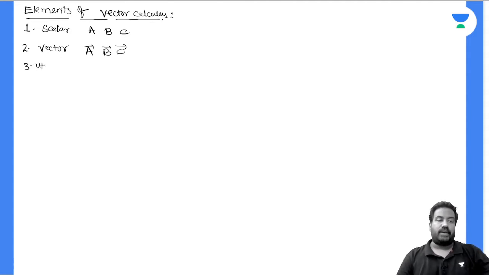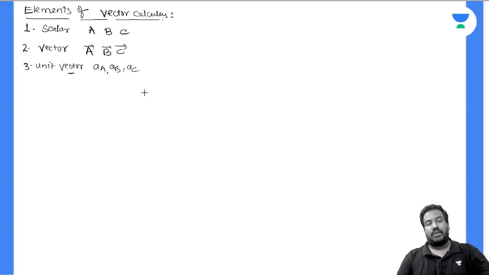Then we have seen unit vector. Unit vector given by a_A, a_B, a_C, unit vectors along vectors A, B, C. Unit vector will always give you direction of the vector.